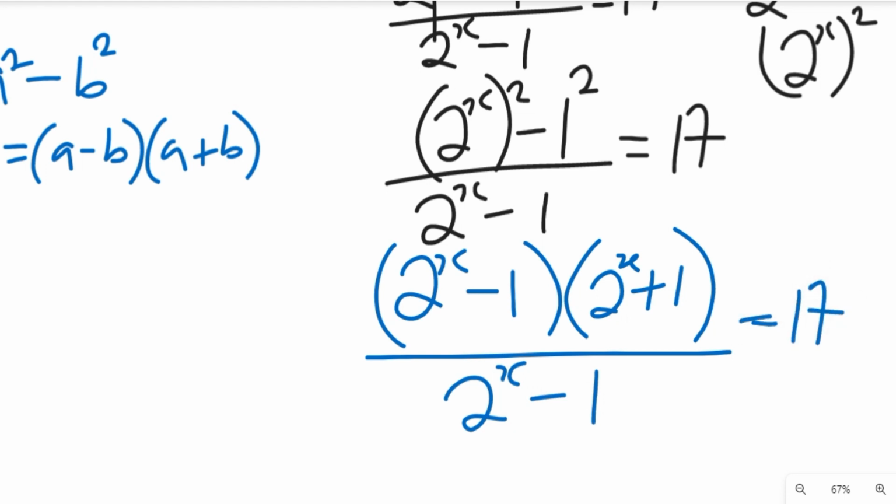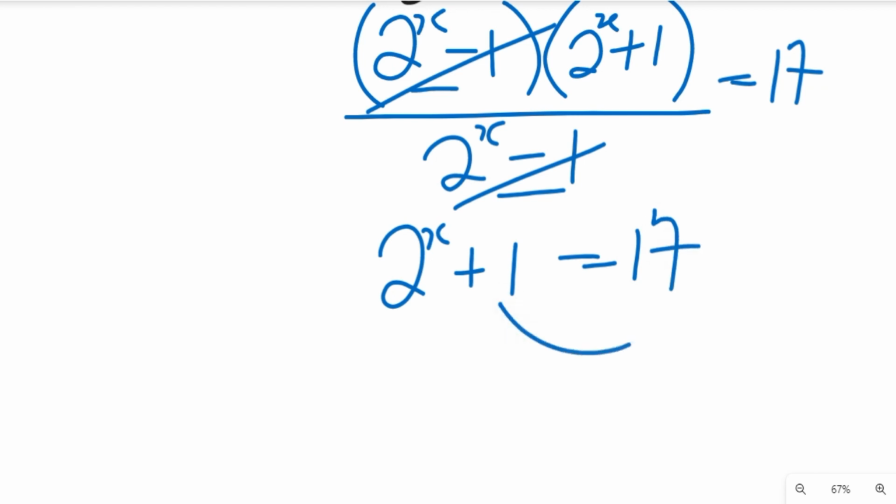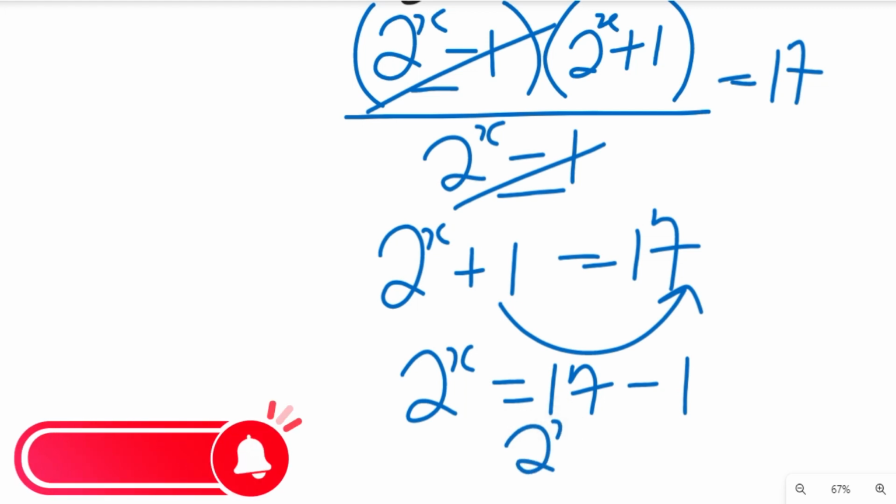From here, you can see that this is common with this, so they will cancel. Once they cancel, we have simplified that expression. That will now give us 2 to the power of x plus 1 equal to 17. From here, 1 will cross over, and then we'll have 2 to the power of x equal to 17 minus 1. So 2 to the power of x will be equal to 16.